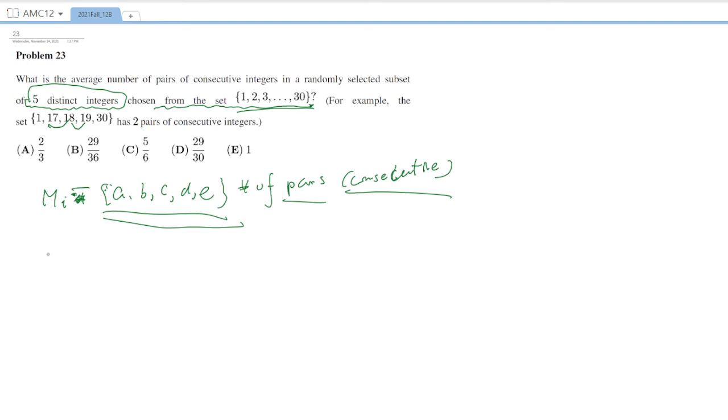We can have 0, 1, or 2 pairs, but what's the most we can have? With 5 numbers, we have 1 pair, 2 pairs, 3 pairs, 4 pairs. The maximum is 4.